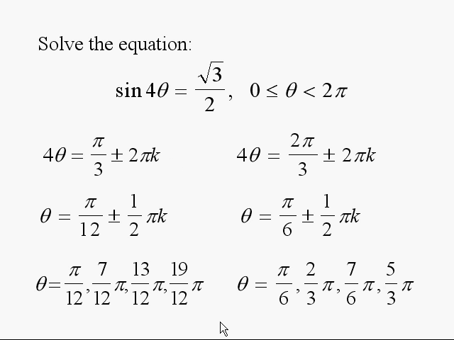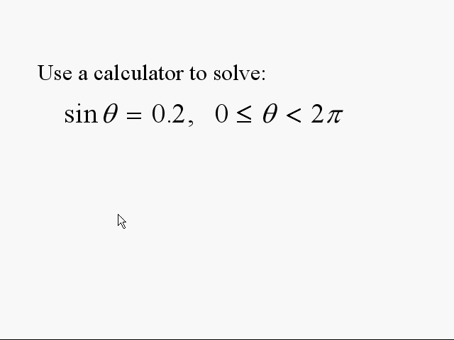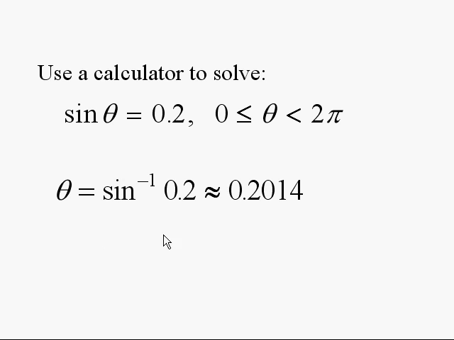Let's do it for a numerical case. Sine theta equals 0.2. Well, theta as sine inverse of 0.2 comes out to be a particular numerical value. Let me pull up the calculator and show you that.